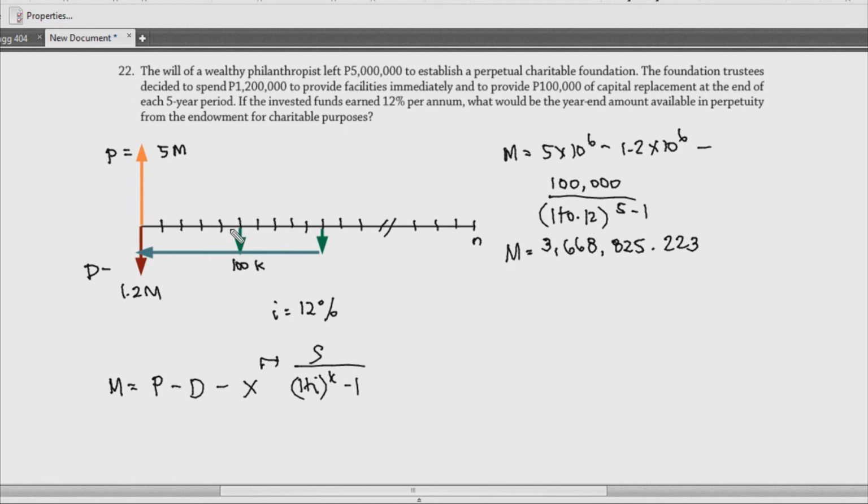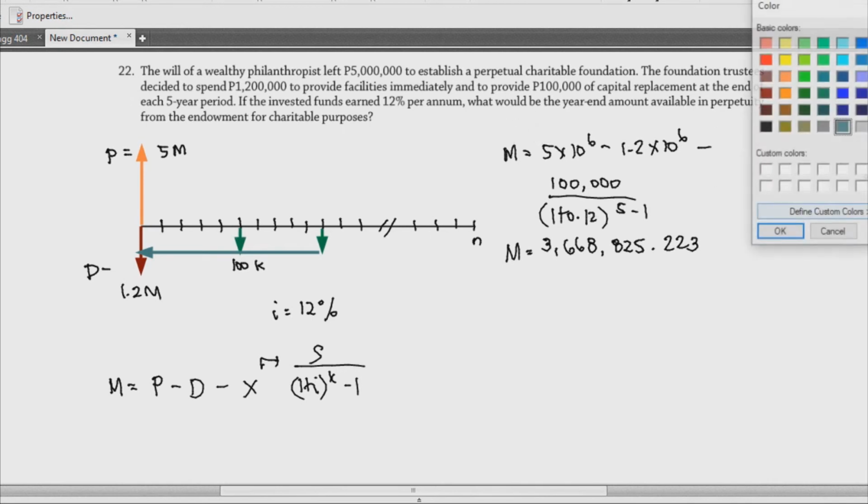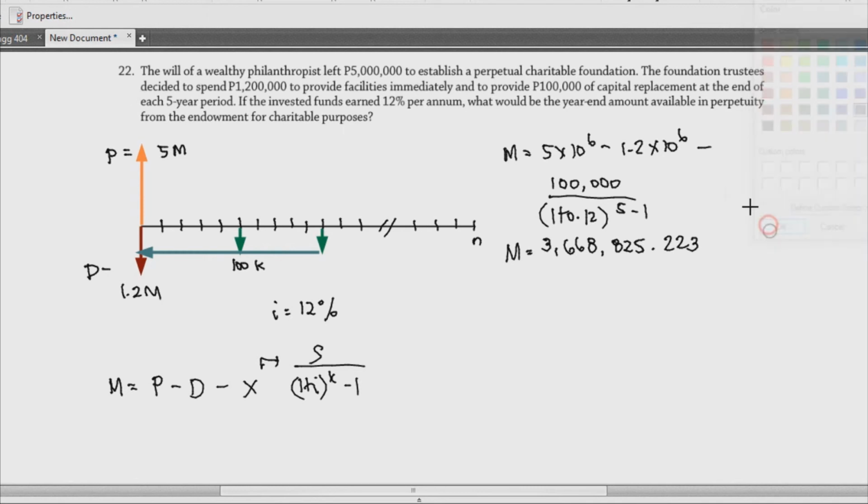in the present, no? But the question here is that sabi dito, if the invested funds earn 12% per annum, what would be the year-end amount available in perpetuity from the endowment for charitable purposes? So, in short, itong M na to, na na-compute natin, we will try to amortize this sa year-end natin. So, parang mangyayari, magiging ganyan siya.